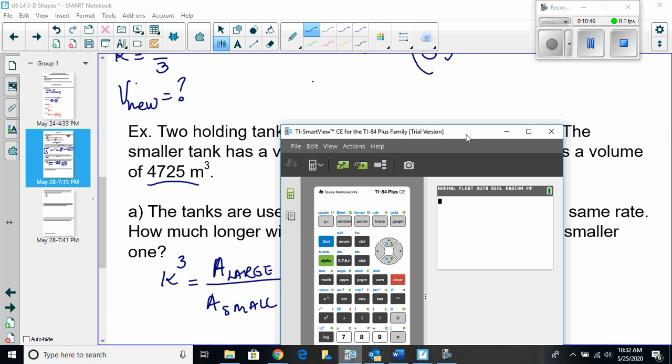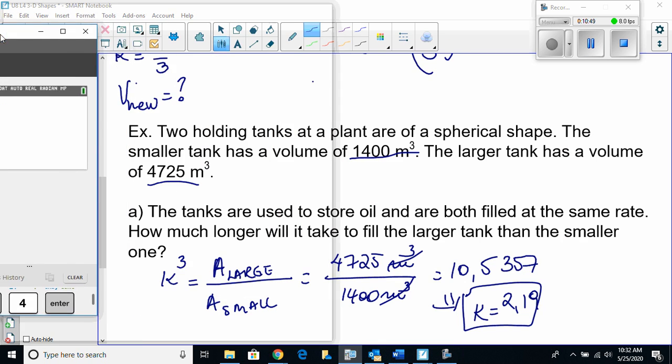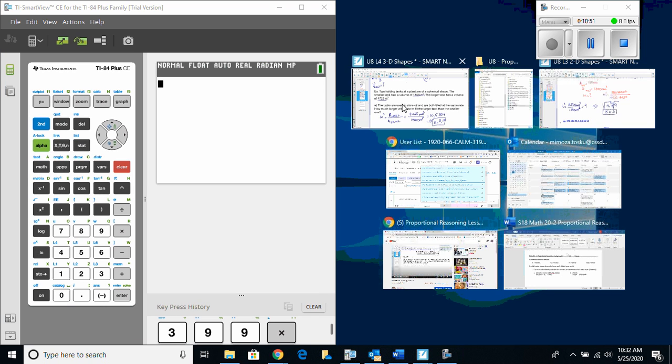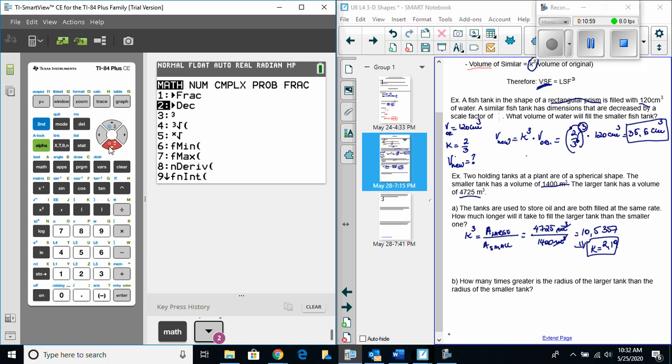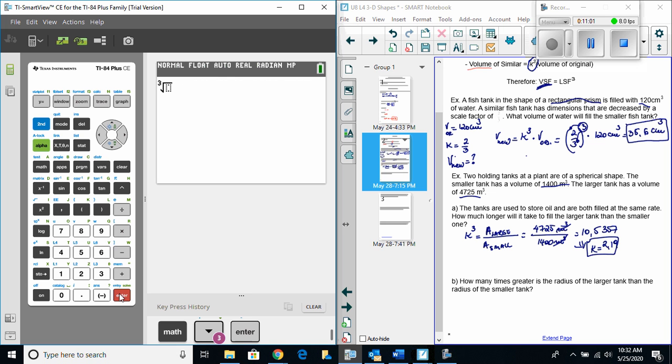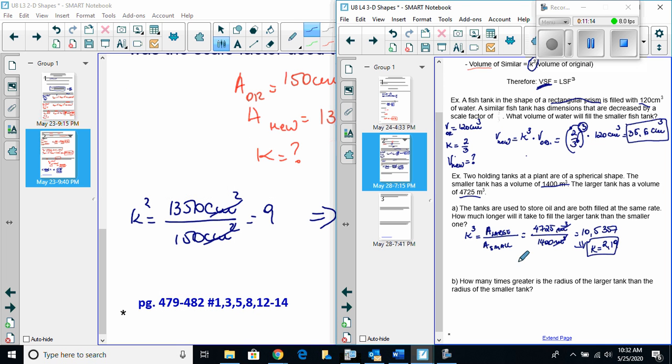So in your calculator, what you will do is something like this: you will go math, then option 4, and then you will enter 10.5357. Enter. And this will be the result.